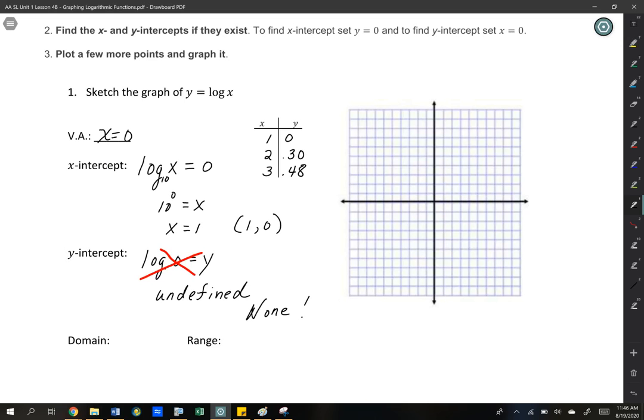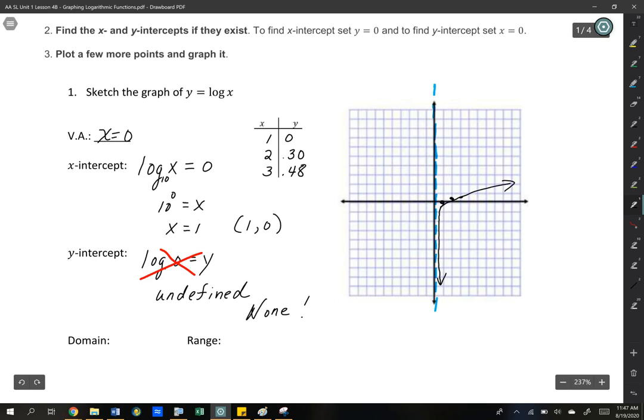Right, so the first thing I like to do always is draw in my vertical asymptote. And you might want to use a highlighter or a colored pen to do this. And then we're going to go ahead and plot our points. And we're going to sketch the graph.